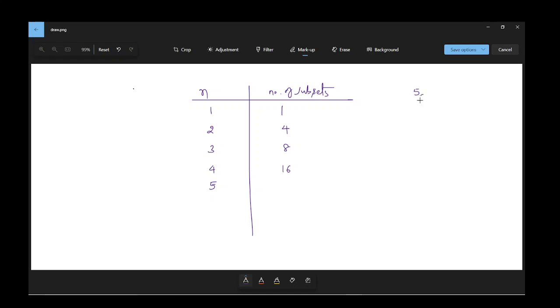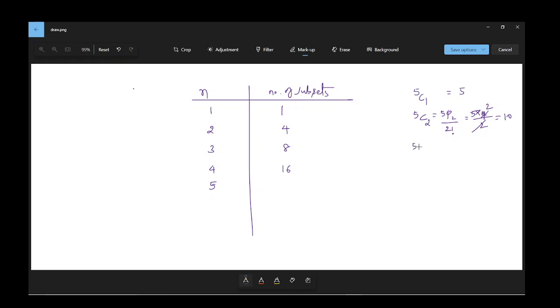When you take one element at a time, it is 5C1. 5C1 is 5. When you take 2 elements at a time, it is 5C2. 5C2 is 5P2 by 2 factorial, which is 5 into 4 by 2, which is 10.